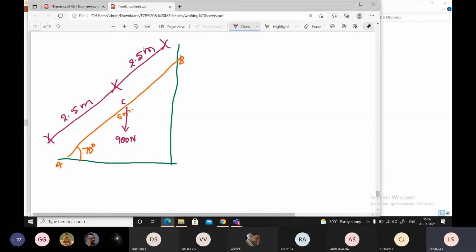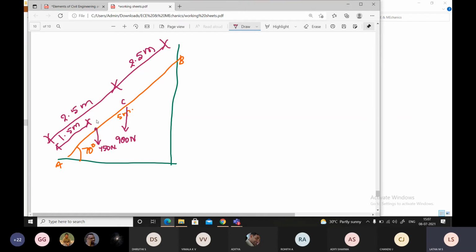It is a 5 meter ladder, right, students? Yes, ma'am. And a person is standing at a distance of 1.5 meter from the ground, and he weighs 750 Newton.